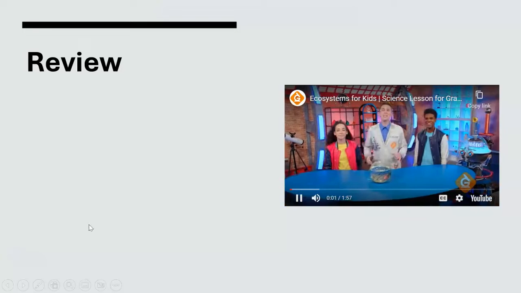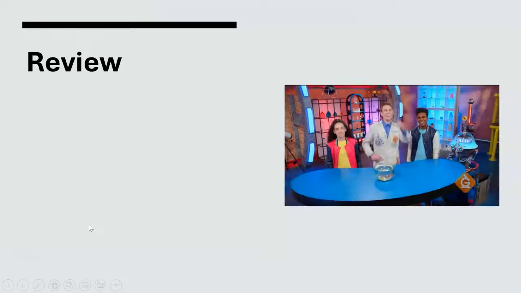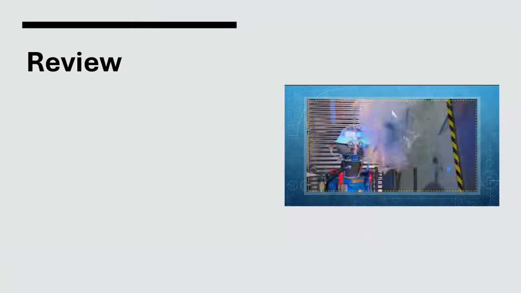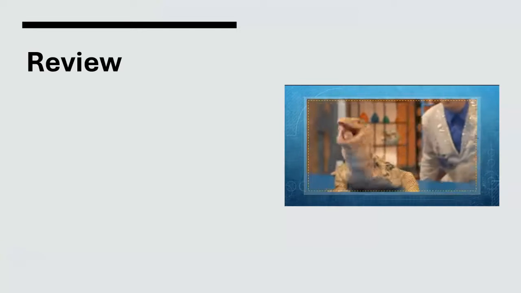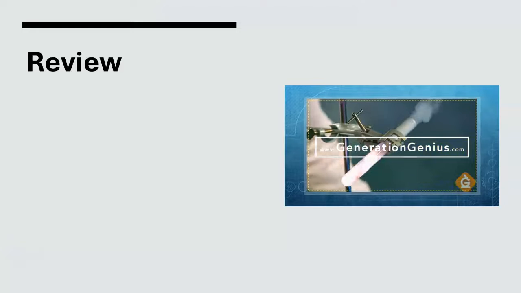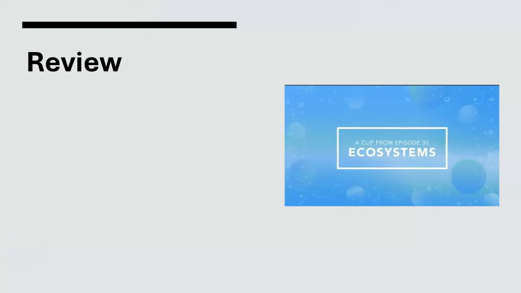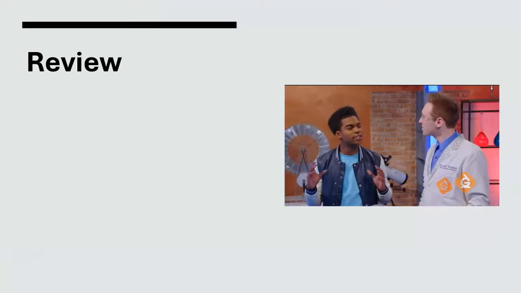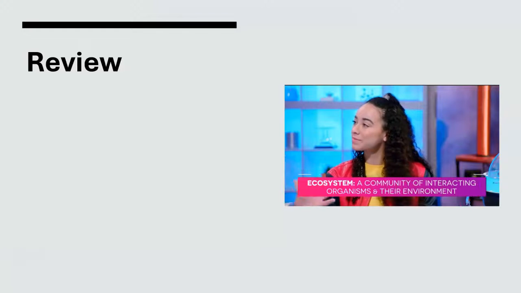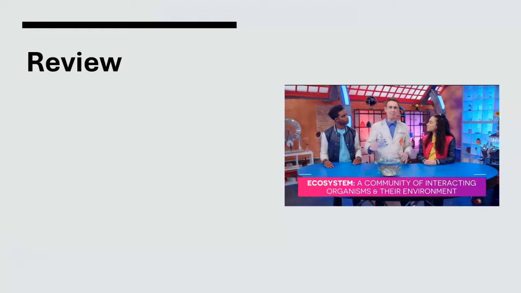I'm Dr. Jeff Finneker, and today we're going to explore the science of ecosystems. With Dr. Jeff. So tell us, Dr. Jeff, what exactly is an ecosystem? An ecosystem is a community of interacting organisms and their environment.